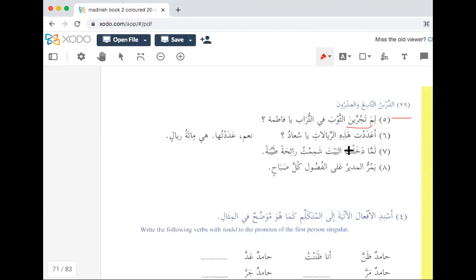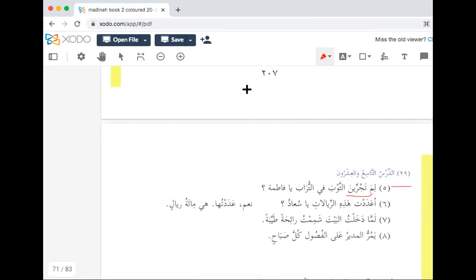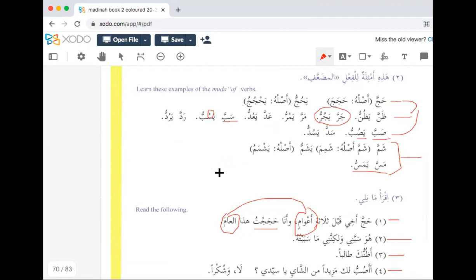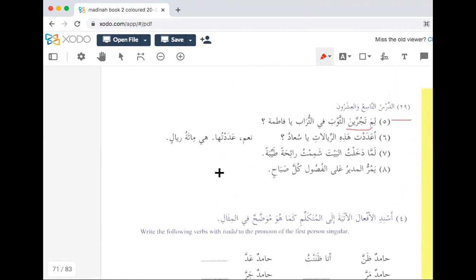Excellent, barakallahu feek. And what does it mean? Tajurrina. What is the asl of this verb? Jarra. And do we have it here in the examples? Here it is. Jarra yajurru, which means to drag. Yeah?